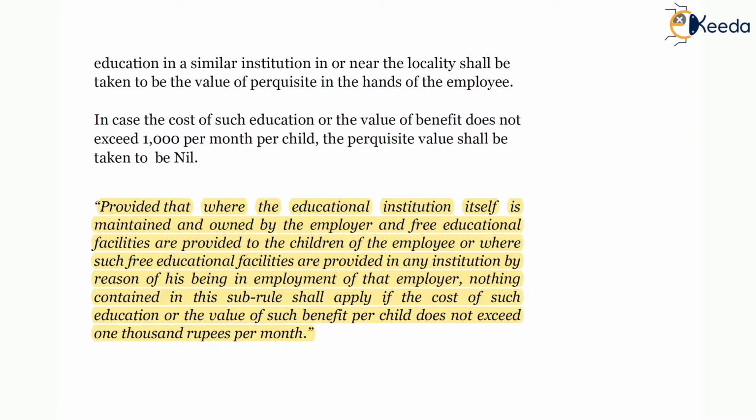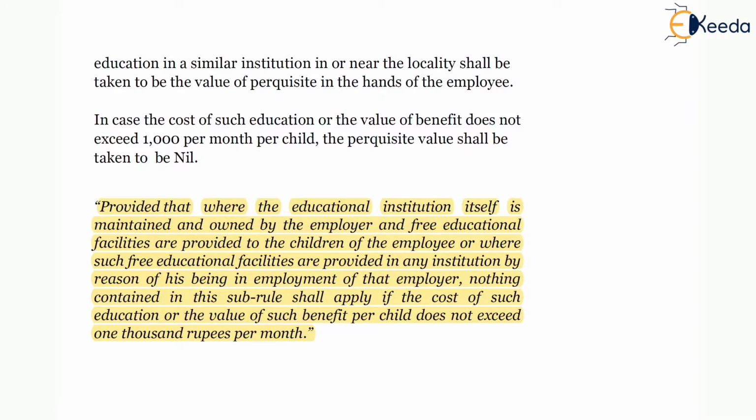which clearly says that nothing will be taxable if the cost of the education is less than 1000 per month per child. However, you can see there is nothing mentioned related to whether any standard deduction of 1000 is available or not.